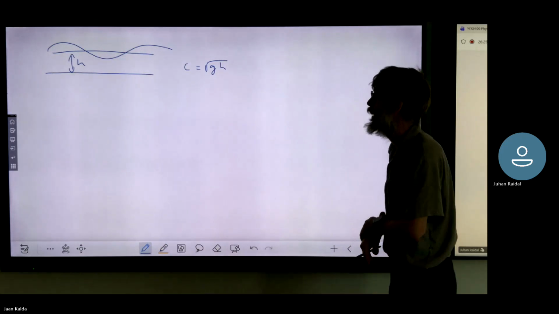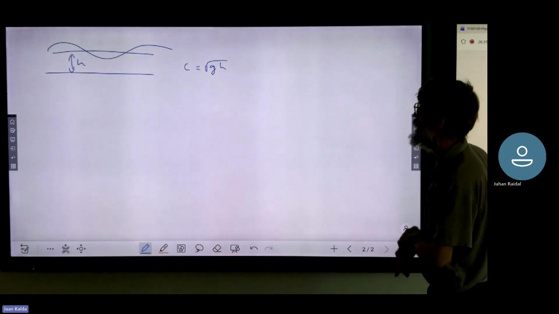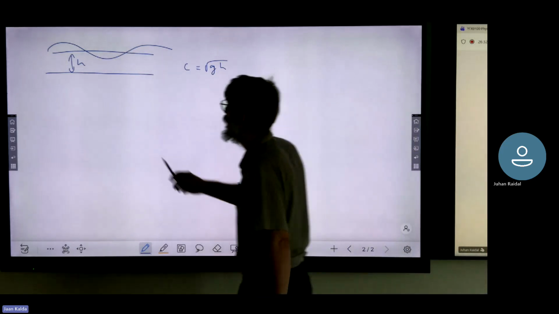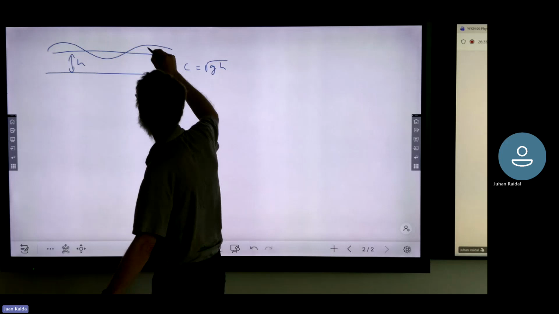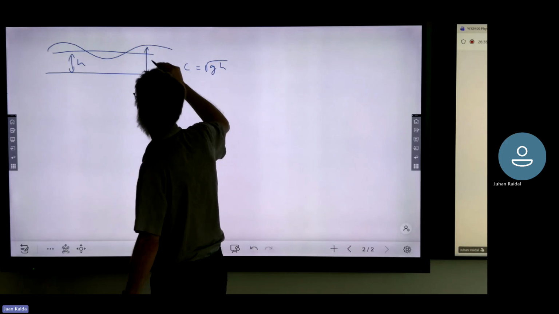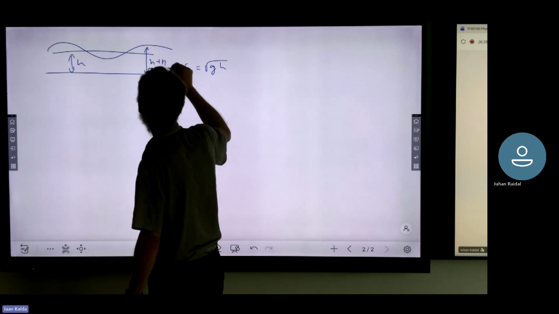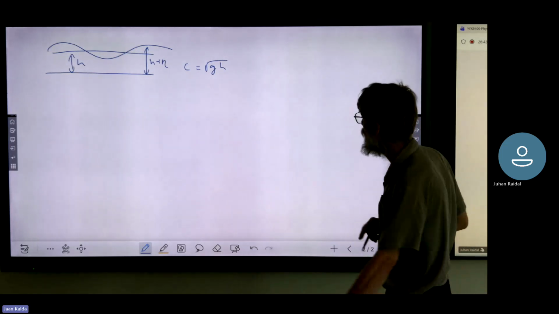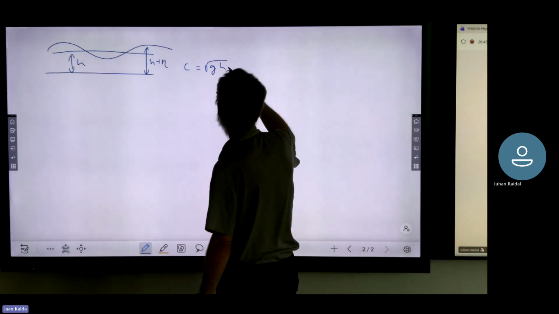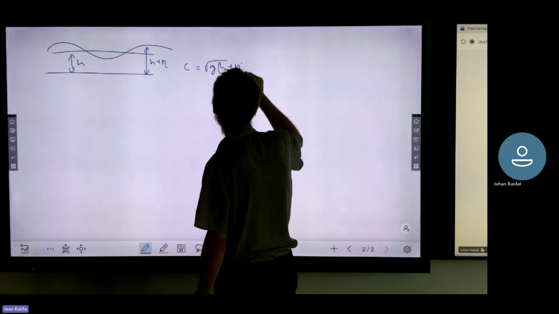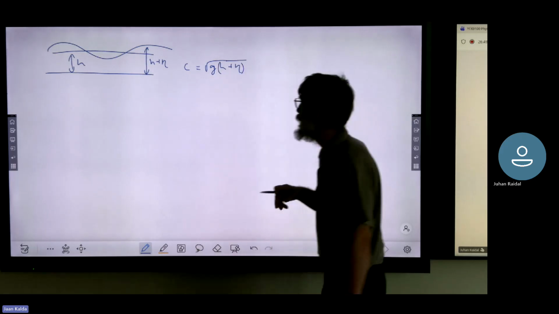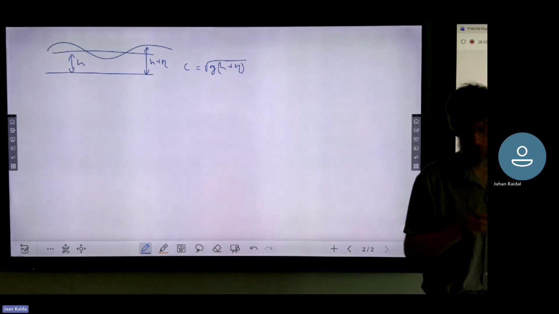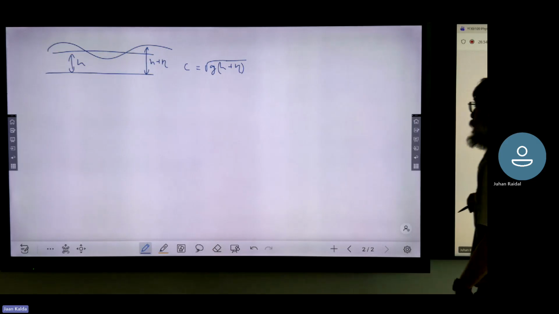But over here we have deeper water, right? Here it is h plus eta, where eta is the amplitude. You can consider eta as the current value of the height.